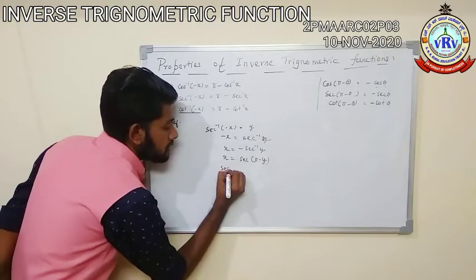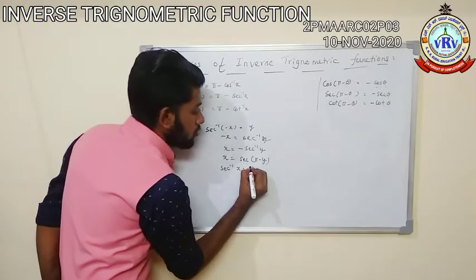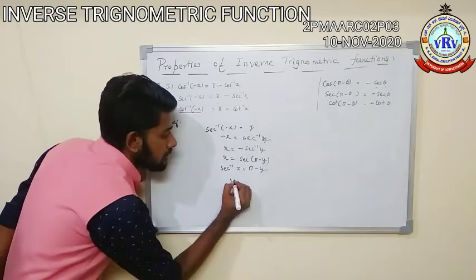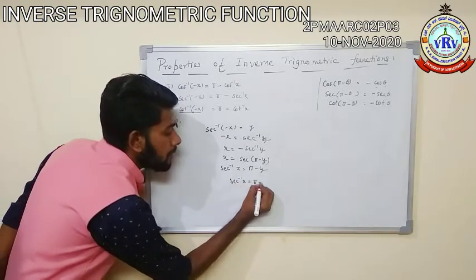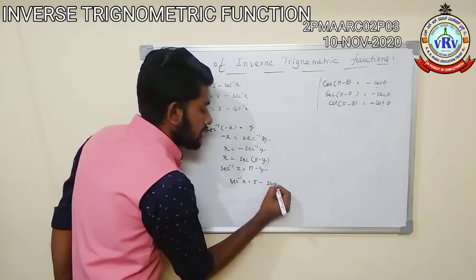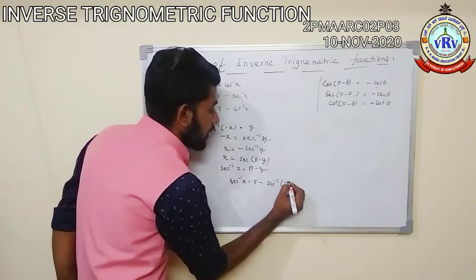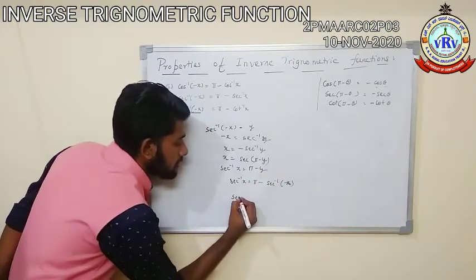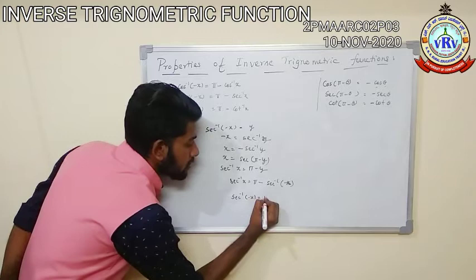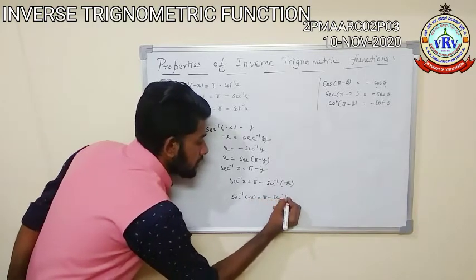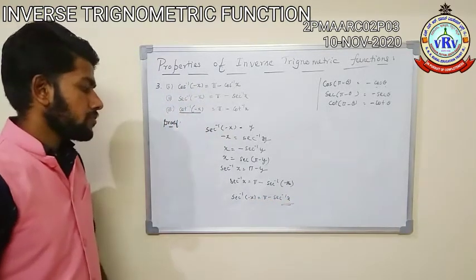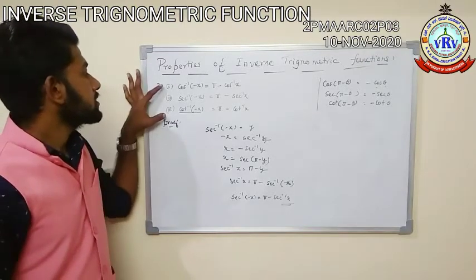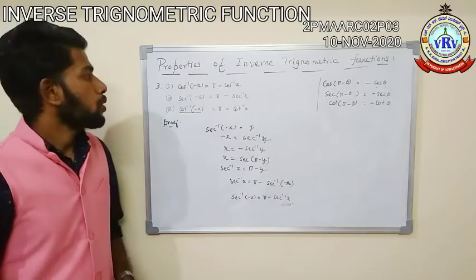So secant inverse of x is equal to pi minus y, or pi minus y is secant inverse of minus x. Rearranging, secant inverse of minus x is equal to pi minus secant inverse of x. Clear? Like this, we can prove these three subparts of the third property.